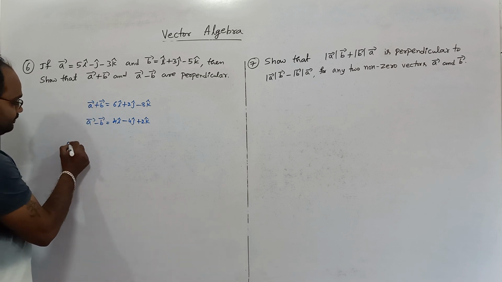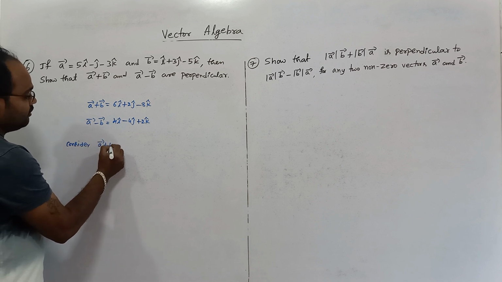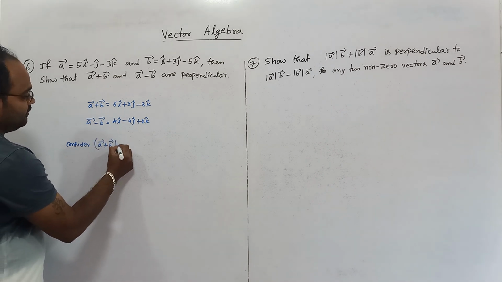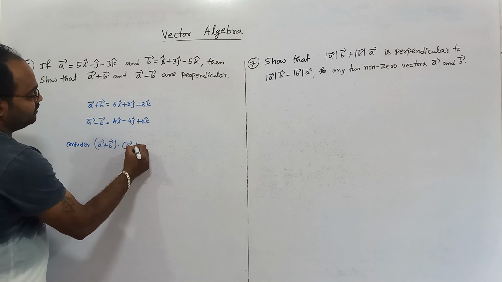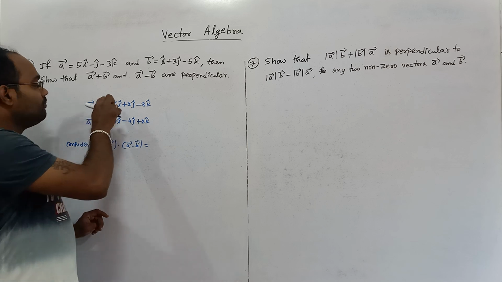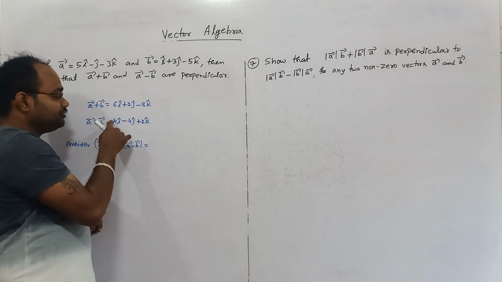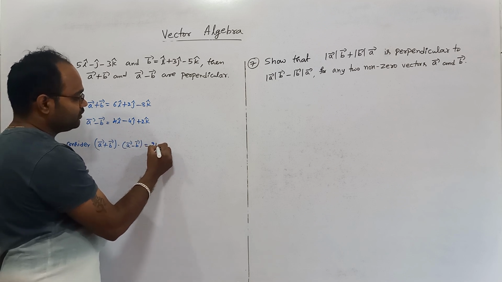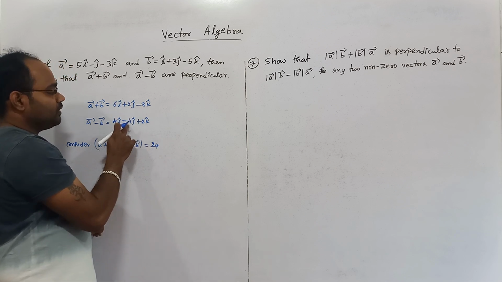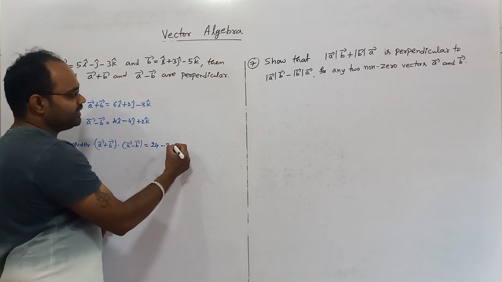Now consider vector A plus B dot vector A minus B. ಇವೆರಡನ್ನ ಡಾಟ್ ಪ್ರಾಡಕ್ಟ್ ತಗೊಳ್ಳೋಣ. ಹೌ ಟು ಟೇಕ್ ದ ಡಾಟ್ ಪ್ರಾಡಕ್ಟ್? ಕಾಂಪೊನೆಂಟ್ಸ್ ನ ಮಲ್ಟಿಪ್ಲೈ ಮಾಡಬೇಕು. ಕರೆಸ್ಪಾಂಡಿಂಗ್ ಸ್ಕೇಲಾರ್ ಕಾಂಪೊನೆಂಟ್ಸ್ 6 into 4 that is 24, 2 into minus 4 minus 8, minus 8 into 2 minus 16.